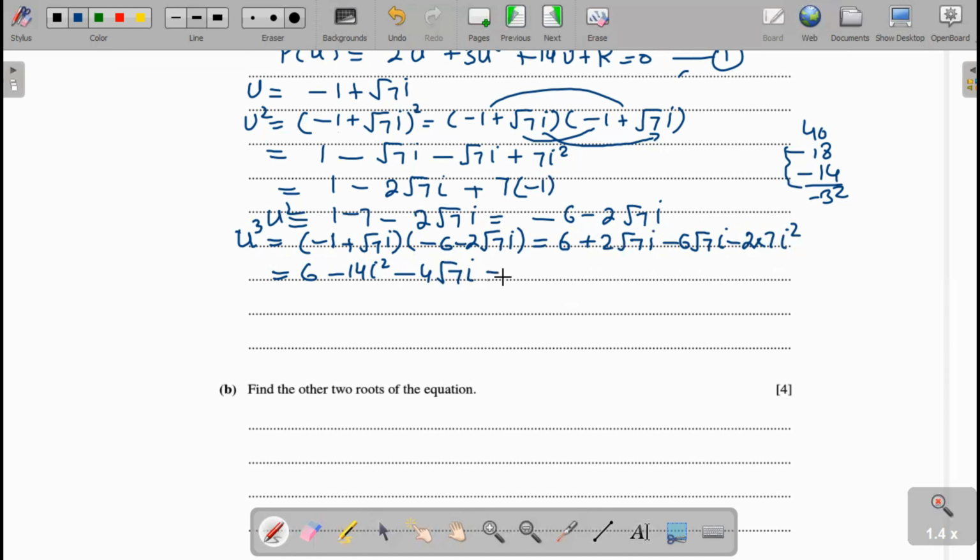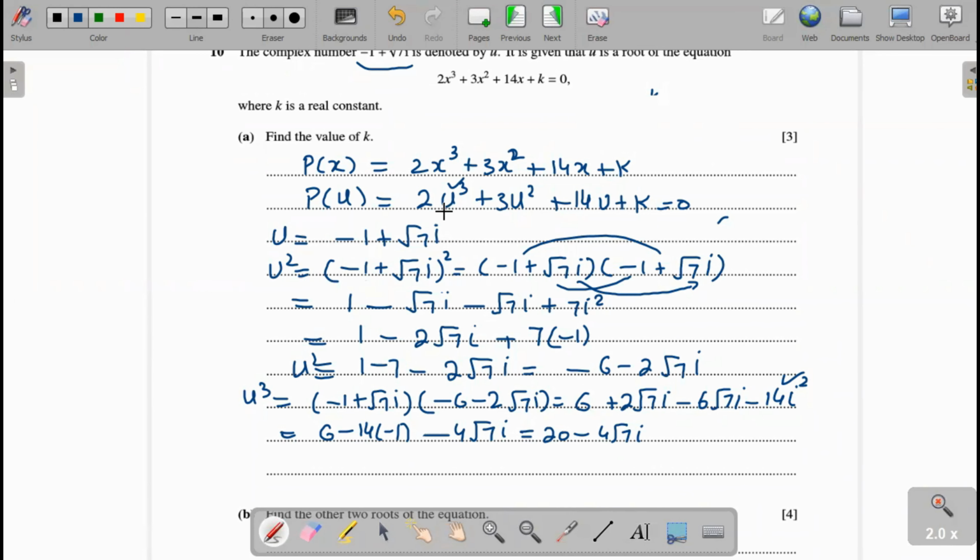Now 6 minus 14 i squared, and i squared is equal to -1, therefore it is 6 plus 14, which becomes 20 minus 4 square root of 7i. Now we put these values in this equation.